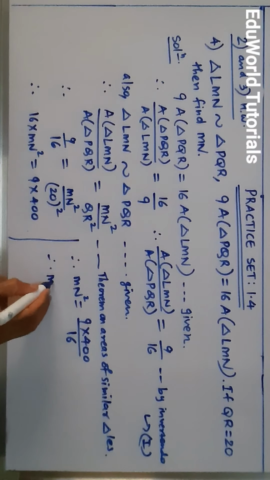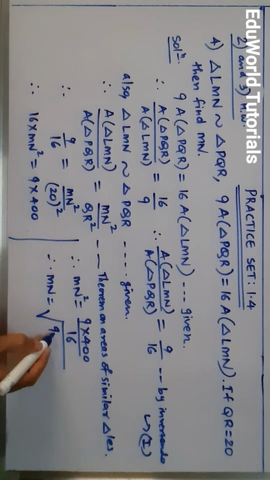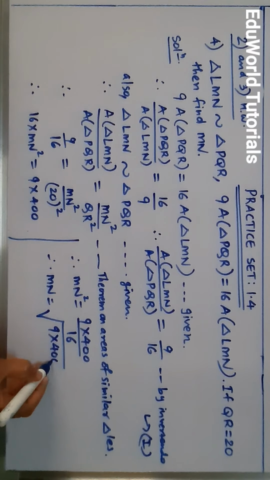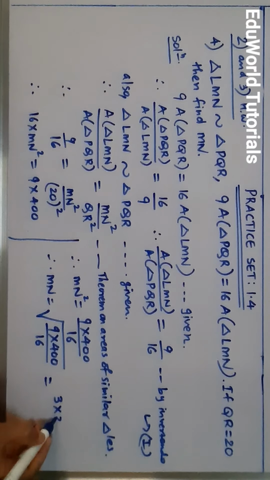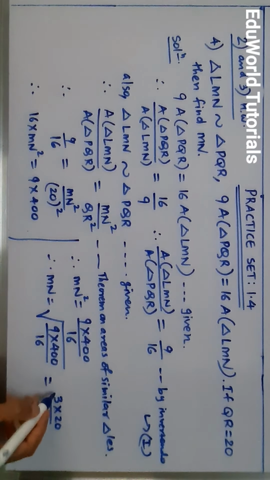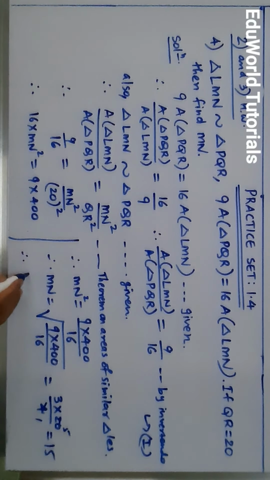Taking square root, MN is equal to square root of 9 into 400 upon 16, which is equal to 3 into 20 upon 4. We have taken square root of all these numbers. These are all perfect squares. I can cancel: 4 fives are 20, and 3 fives are 15. Therefore, length of side MN is 15 units.